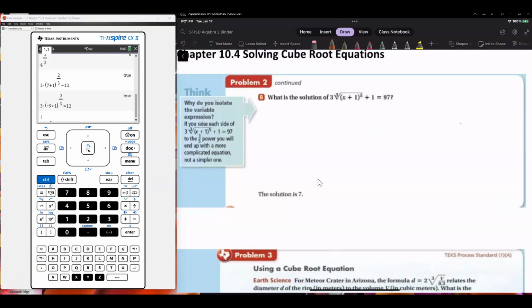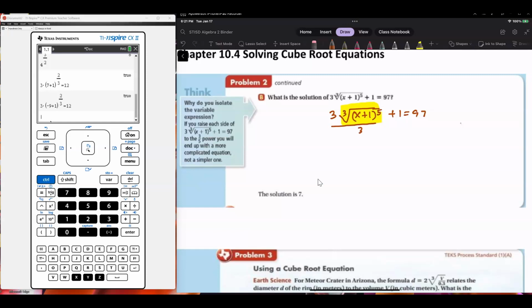What is the solution to 3 times the cube root of x plus 1 raised to the 5th power plus 1 equals 97? So what I'm going to do is some algebra here, and I do want to isolate that expression. I'm going to go ahead and divide by 3.